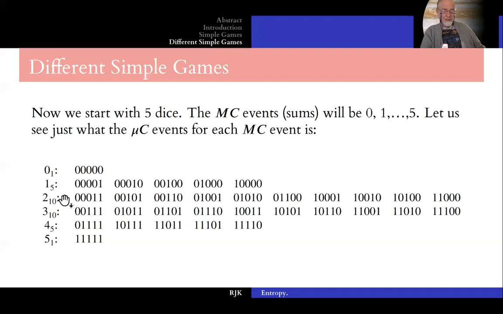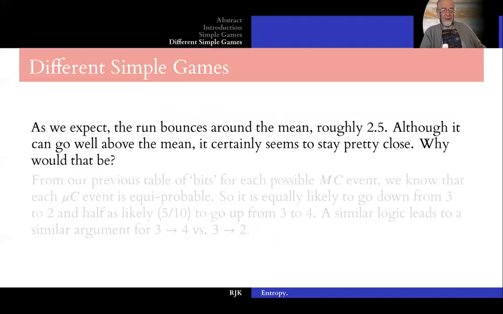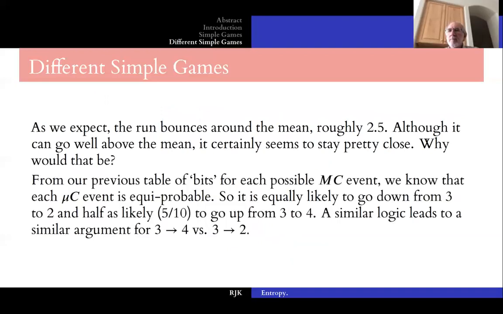So it's much more likely that you're going to go up to a 3 than you're going to go down to a 1. And you're much more likely to go down to a 2 than you are to go up to a 4. And that's the reason why they tend to stay in the region around the mean.